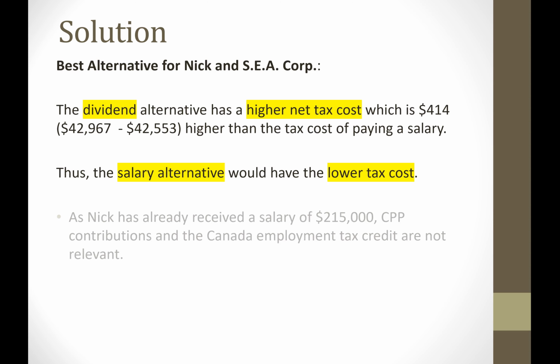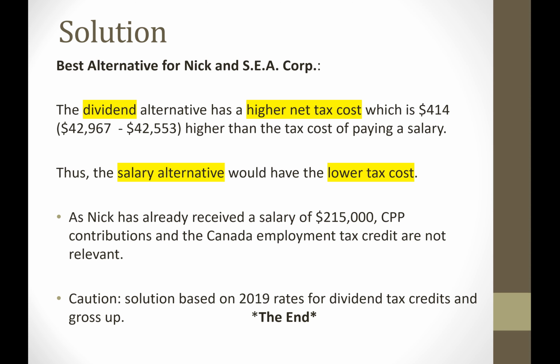Now, in this question, we know that Nick has already received a salary of $215,000 from C Corporation. So other issues such as CPP and the Canada Employment Tax Credit are not relevant to our analysis here.